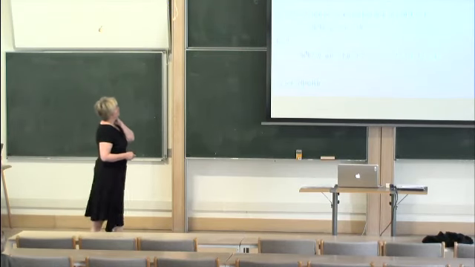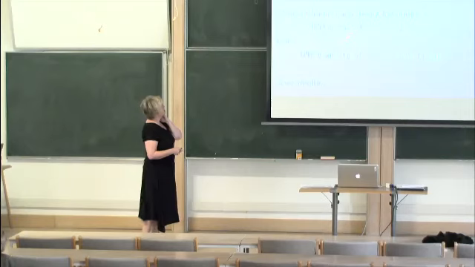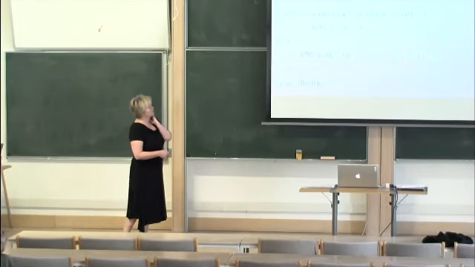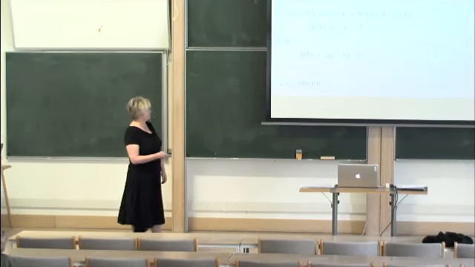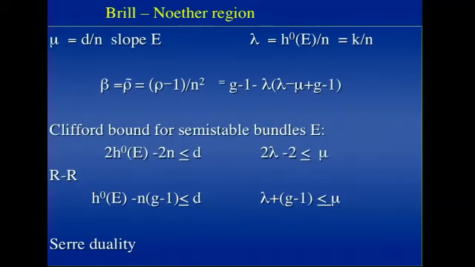This was done by Xiao. If we divide this by n, we get the same formula independent of rank. Then we have the Riemann-Roch theorem, which we also can divide by n, so we get a straight line. And we also can use Serre duality, which means that the mu's of interest are smaller than g-1.